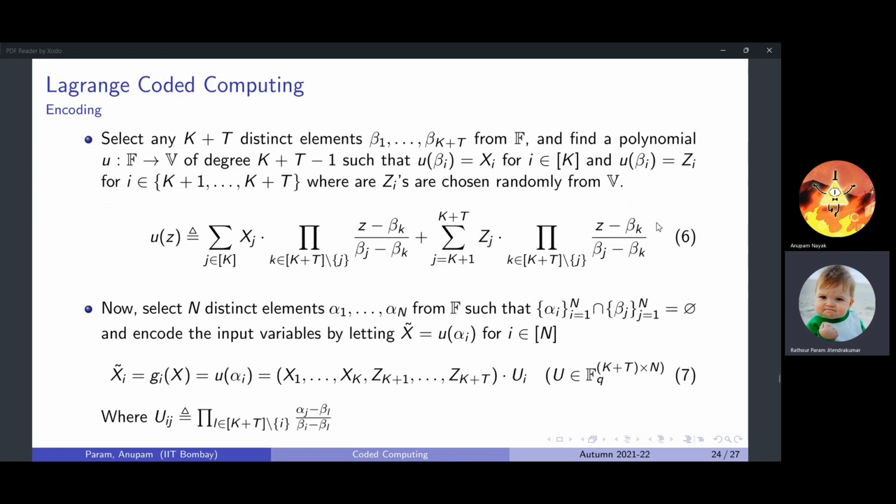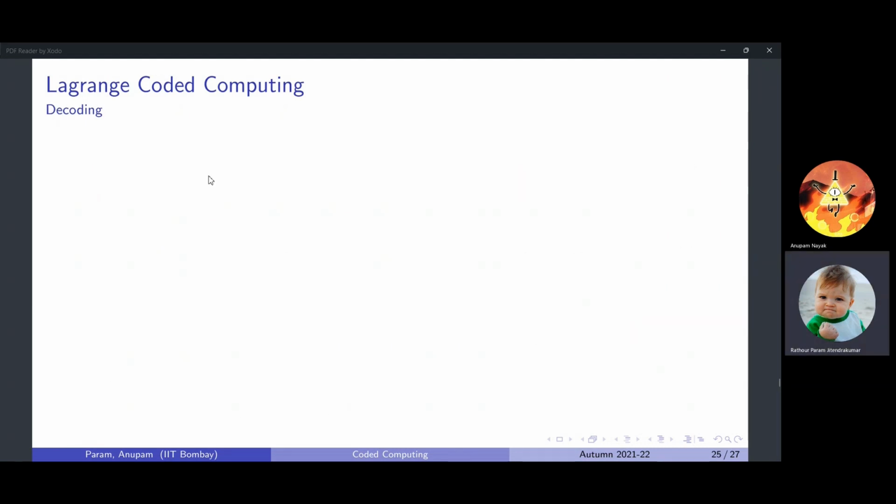What this will do is that if we select any n elements, the x_i will be given by this tuple multiplied by this u_i, where u is a 2D matrix over a finite field F_q, and its elements are again this Lagrange multiplication without the scaling.